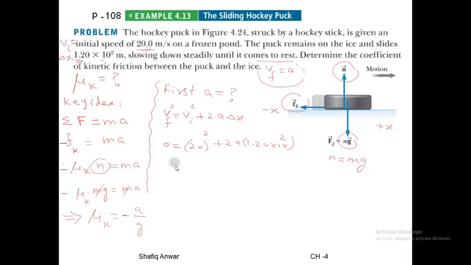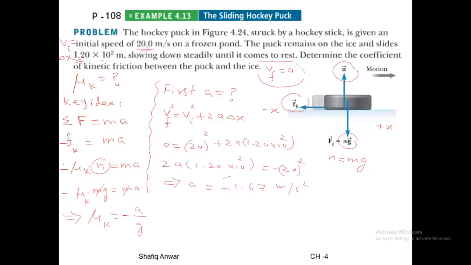So finally you would get 2a times 1.20 times 10 raised to power 2 is equal to minus 20 square. So finally you would get a is equal to minus 1.67.